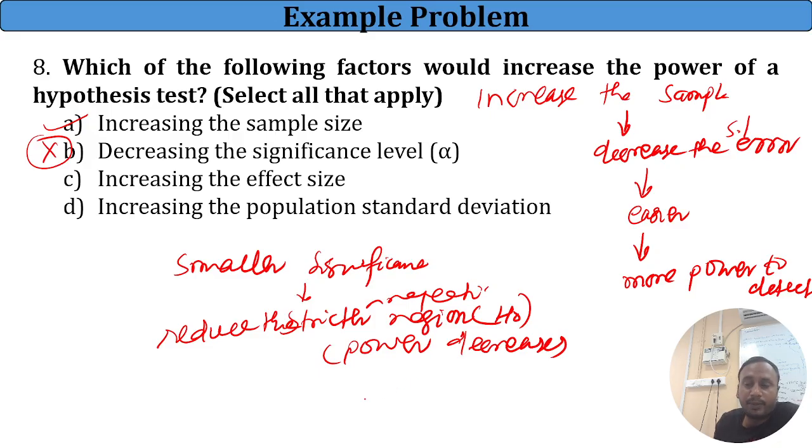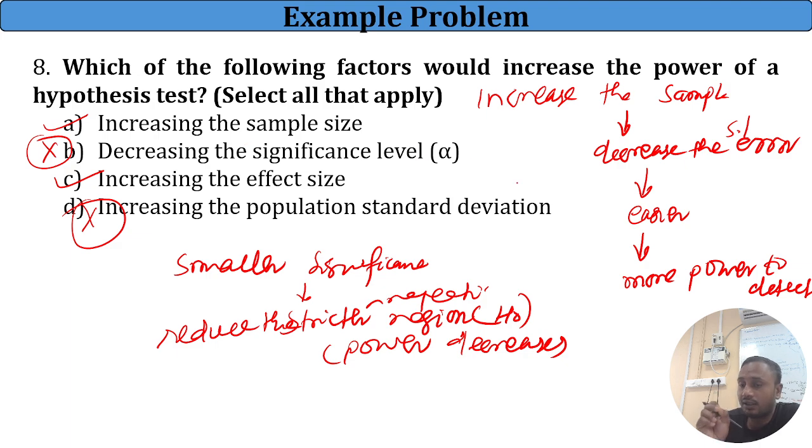The bigger the effect size, the easier it is to detect, so power increases. Increasing the population standard deviation is not going to help. The null hypothesis and alternative hypothesis distributions will overlap more. Don't get confused about whether we reject or accept; increasing the power gives a broader sense of freedom.